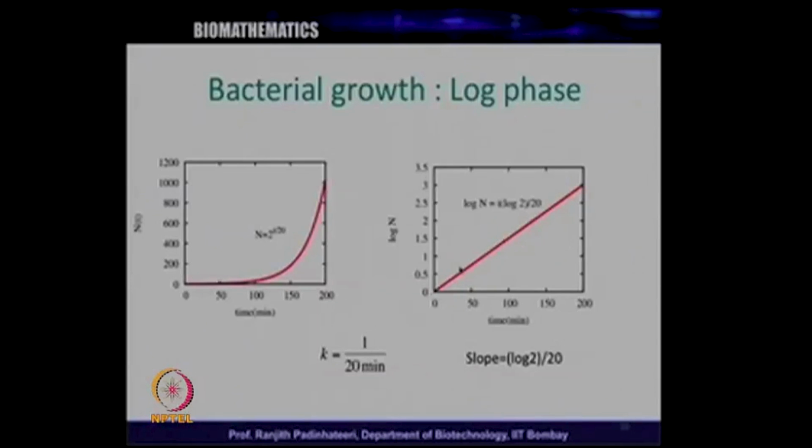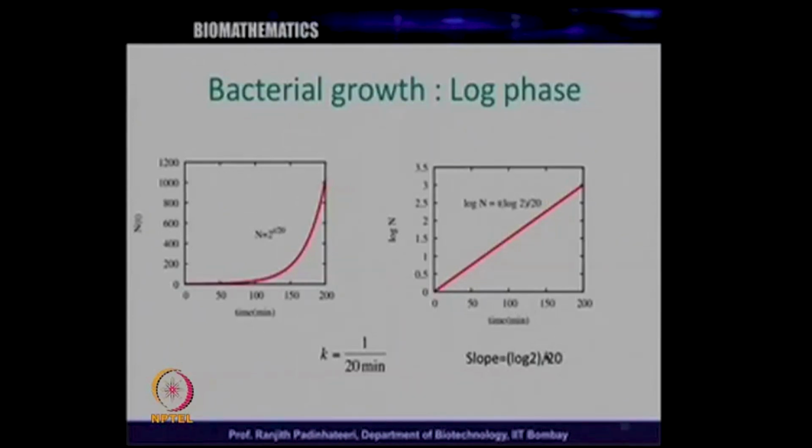The slope, or the derivative, of this is very easy to calculate, and you will see that the slope is log 2 by 20. So, if you know this log 2 by 20, immediately you can measure the rate of growth, which is 1 over 20.